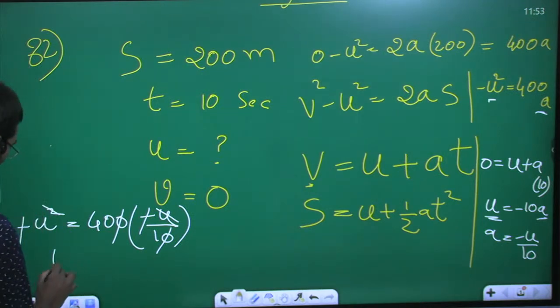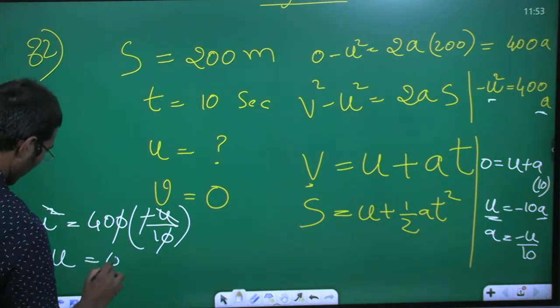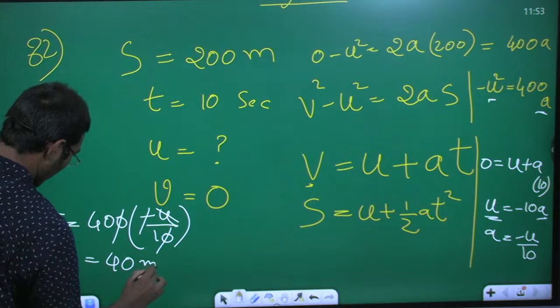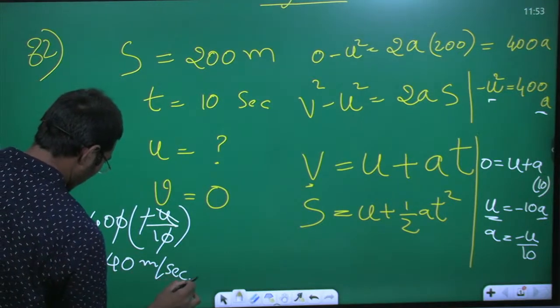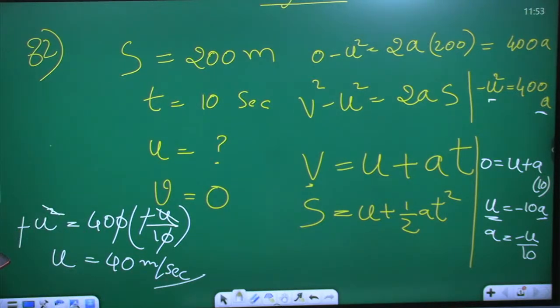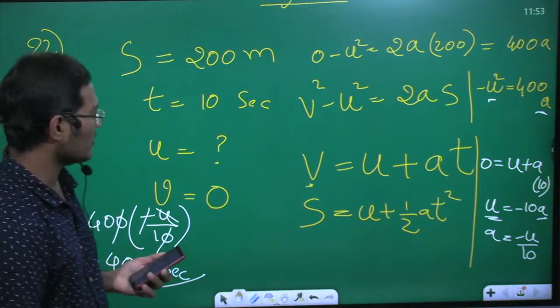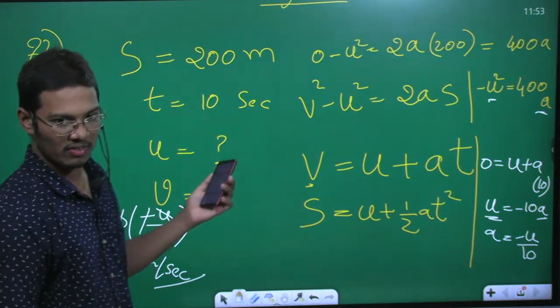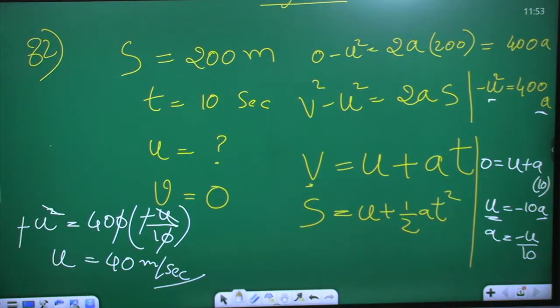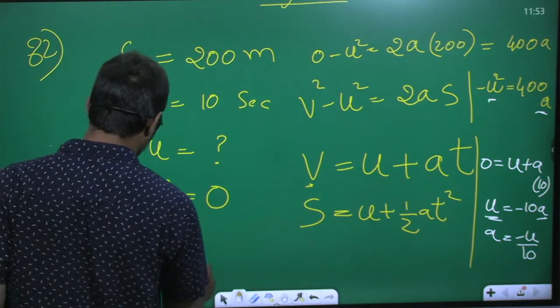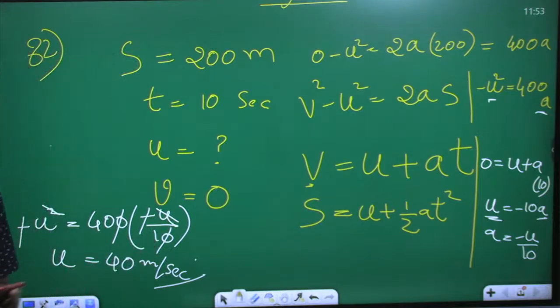What is u? Right? So that's how we need to proceed. We cannot get the solution directly from one equation. We need to use two equations so that we get u, that is equal to 40 meters per second. Hope all of you got it.